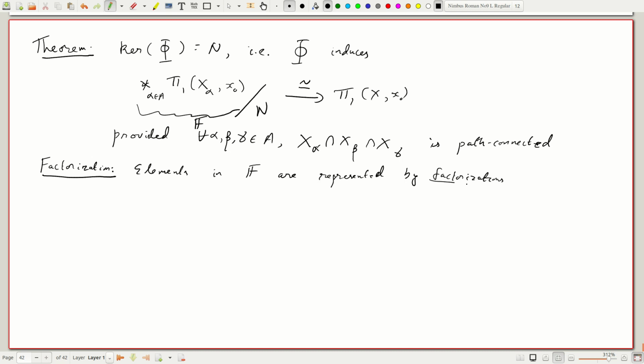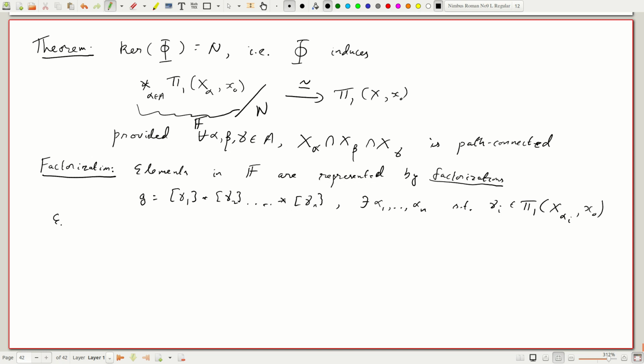Namely, let's say g is gamma 1 star ... star gamma n, where there exist alpha 1, ..., alpha n such that gamma i belongs to pi 1 of x alpha i, x0. So this is just like a word in the free group. We have not fixed the loops, but they're classes. So indeed it's a word in the free group.